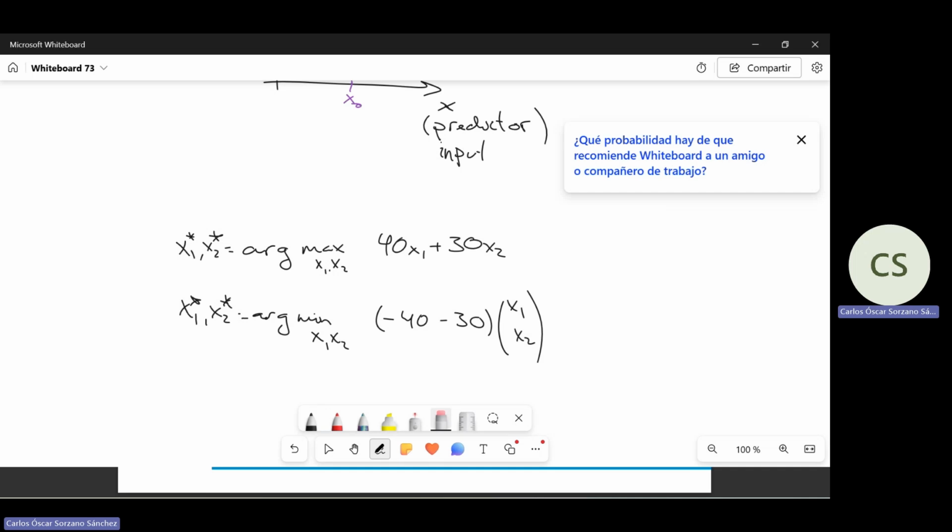But in general, all our vectors are column vectors. So this would be c, this is c transpose, and this is x. And normally when I write on the whiteboard, I use bars for this. Okay, so it is a minimization problem.